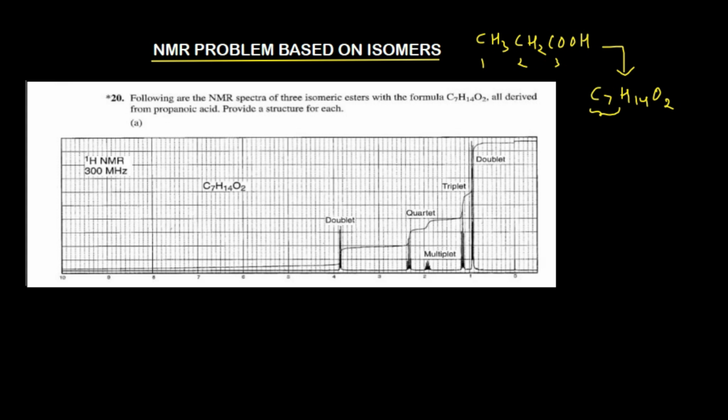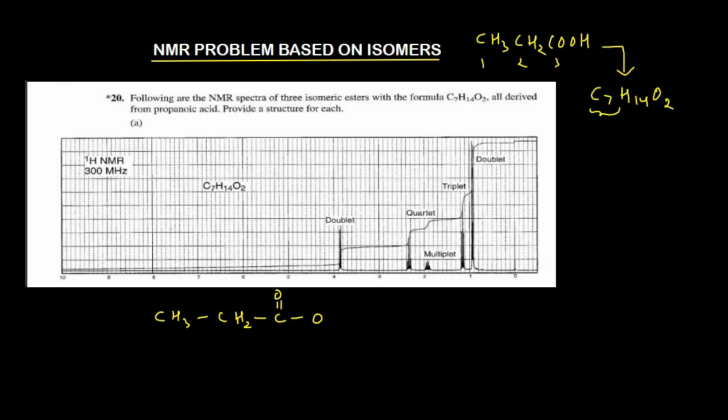So how can we make an ester for this? Say this is your CH3, this is CH2, and this is C double bond O, and then your O. And then you have the rest of the things. Only 5 hydrogens so far you have written, and here 14 hydrogens are there. So you need to adjust these 14 hydrogens along with the 4 carbons, because you have written only 3 carbons.